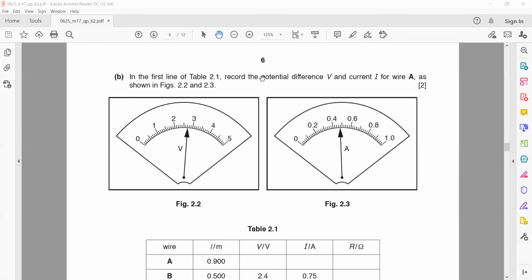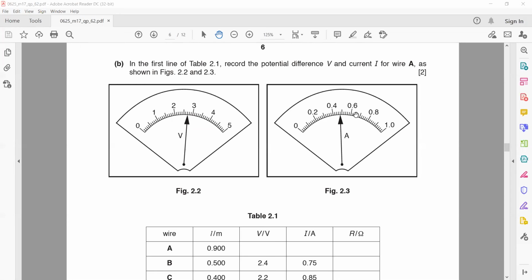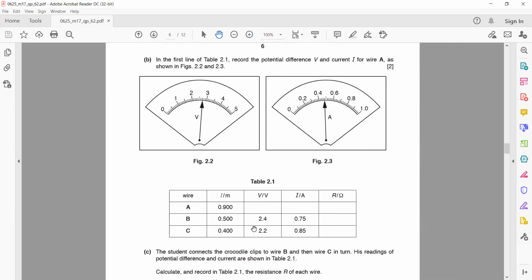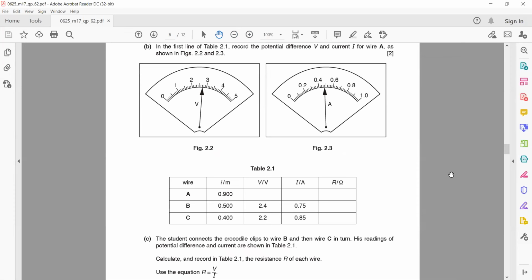In the first line of table 2.1, record the potential and the current as shown. So what is the voltage reading and what is the current reading? The voltage reading is 2.7, that's right.